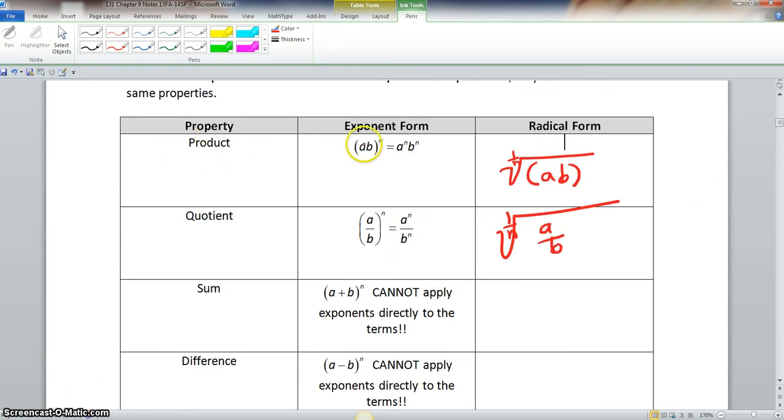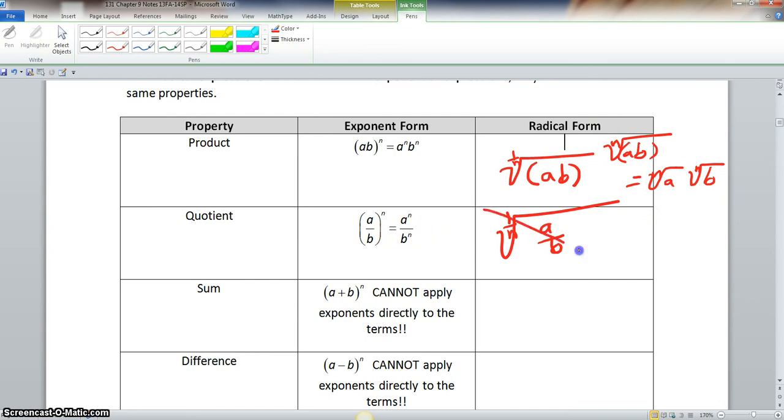Okay class, I made a slight error here. They did not want me to change it from exponential form to radical form from this here. What they wanted us to do was this here. If this was originally written as the nth root of AB, this can be rewritten as the nth root of A times the nth root of B. This is what they were actually looking for.